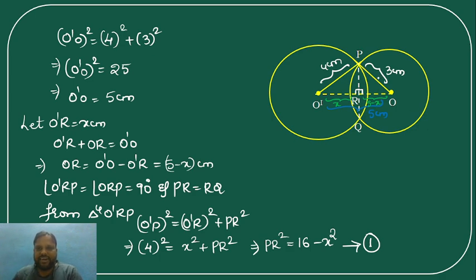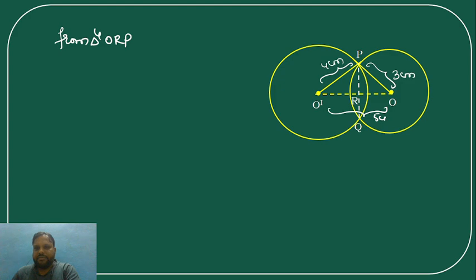Now I will consider the second triangle ORP. So from triangle ORP, this is 3 centimeters, this is 4 centimeters. This complete is 5, and if you took this as X, this is 5 minus X. So now from triangle ORP, what can I write similarly?